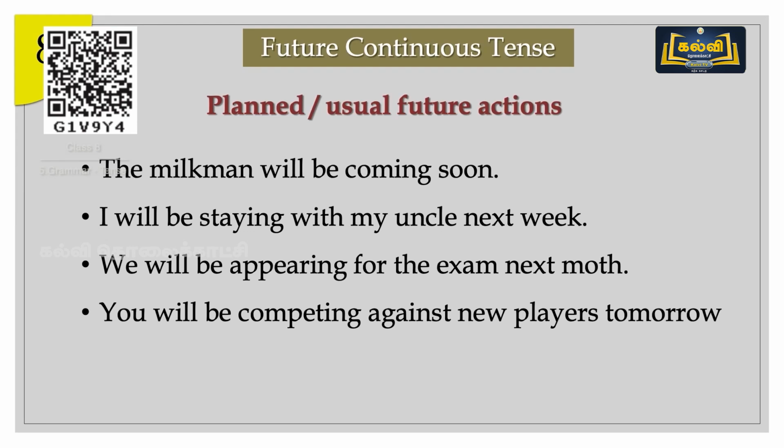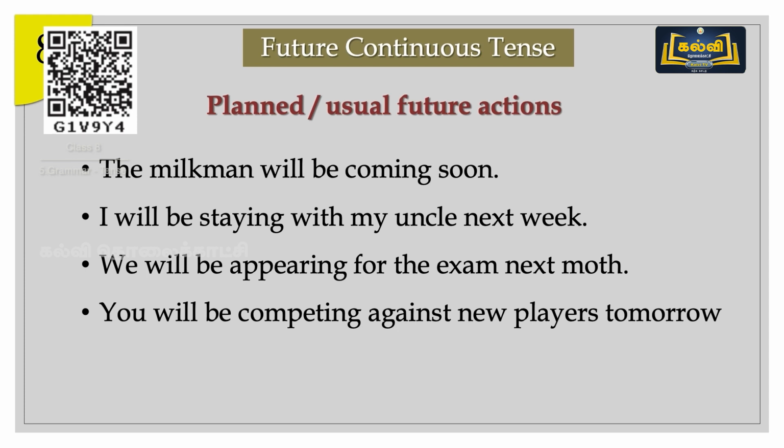So you have planned something that your stay will be with your uncle. So you are expressing it like I will be staying with my uncle next week. I will be appearing for the exam next month. You will be competing against new players tomorrow. So these are the planned or usual future actions. This you can use future continuous tense.